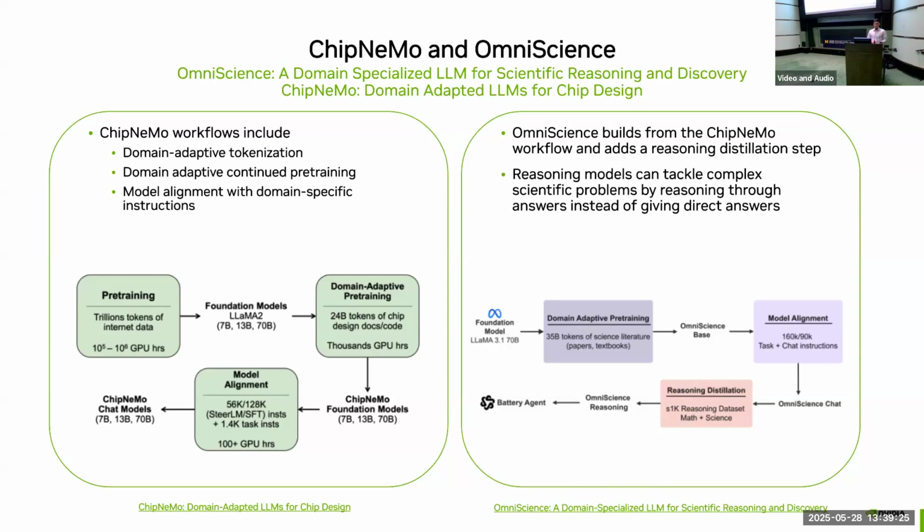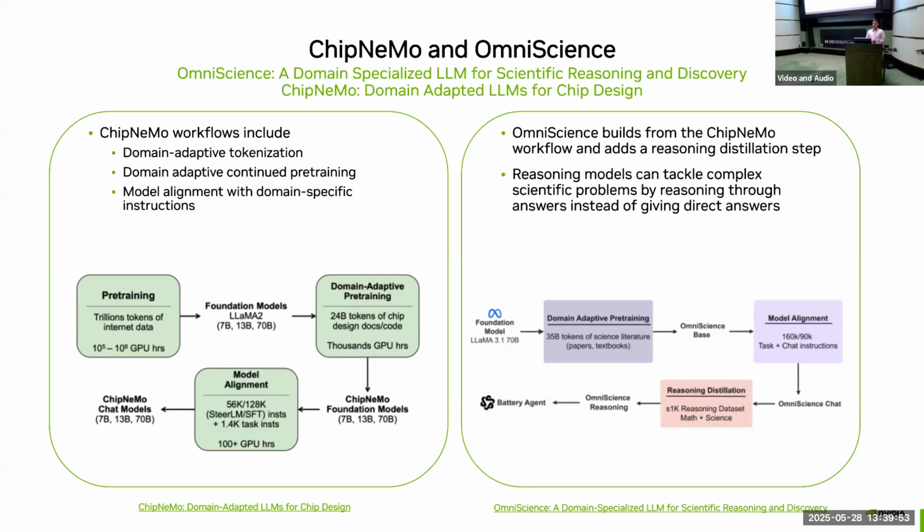ChipNeMo has a domain adaptive continued pre-training step, which is just this kind of general knowledge incorporation of a large corpus or pool of data that we have for our particular domain. And then finally, ChipNeMo has this model alignment with domain-specific instructions, where we further fine-tune our model into something more similar to a ChatGPT style interface where we can interact with it and ask it questions about our particular domain.